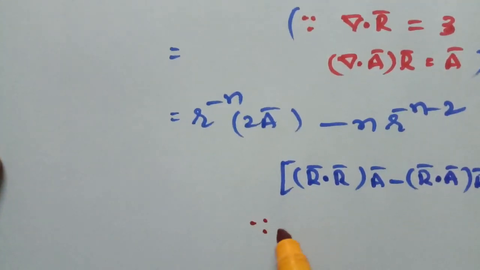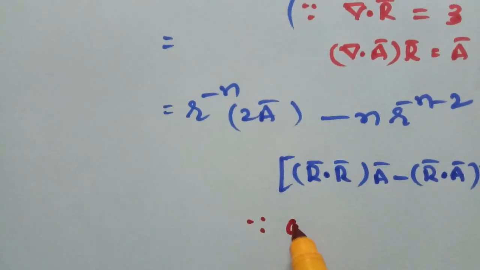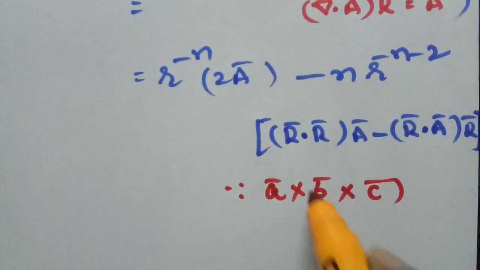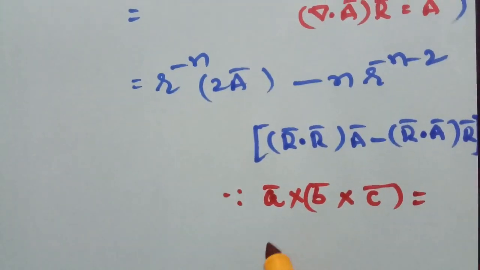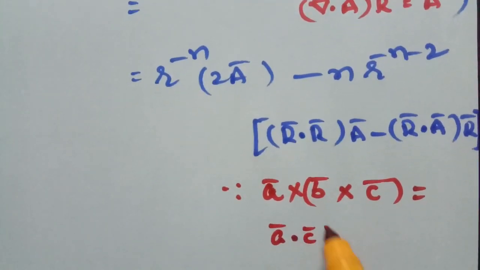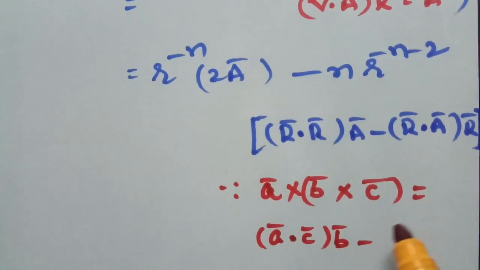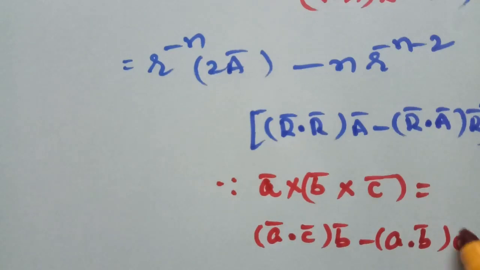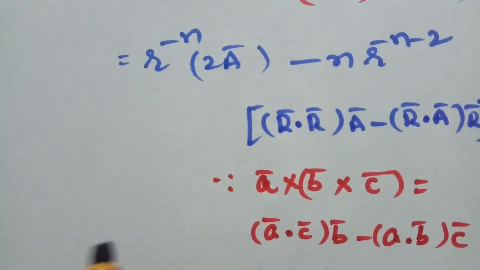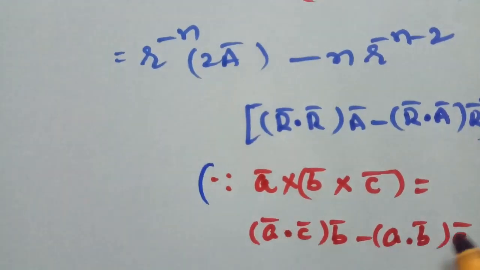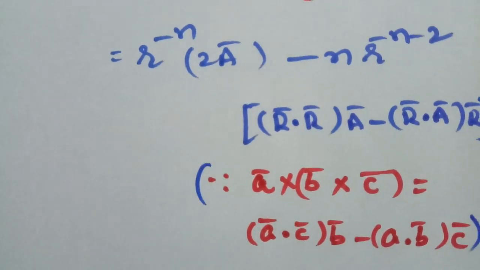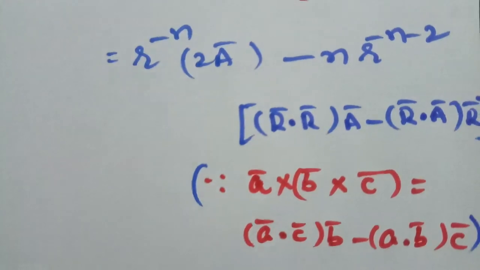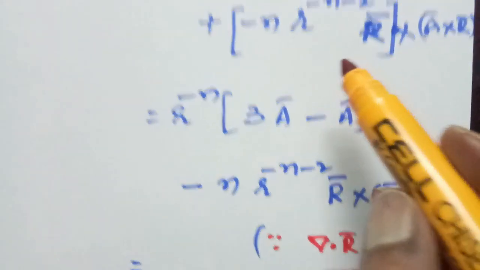Since a bar cross b bar cross c bar is equal to a bar dot c bar into b bar minus a bar dot b bar into c bar. This is the formula. The same formula I used in the above step also.